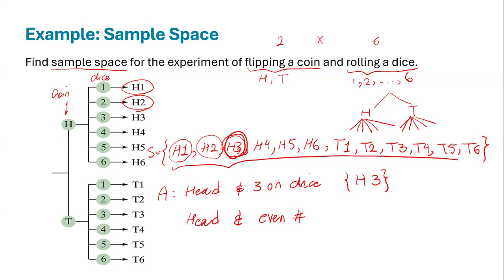So when I look at all the possible outcomes, I see head, an even number, head, an even number, head, an even number. So event B has 3 outcomes, H2, H4, and H6. Is this a simple event? No, because it has more than one outcome.